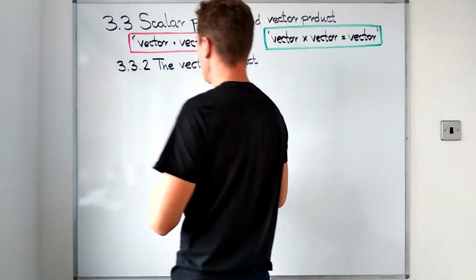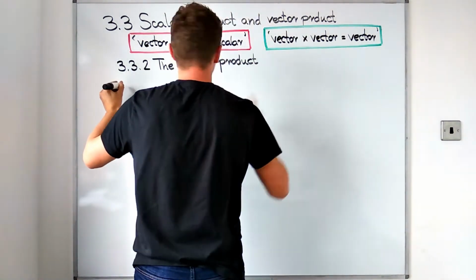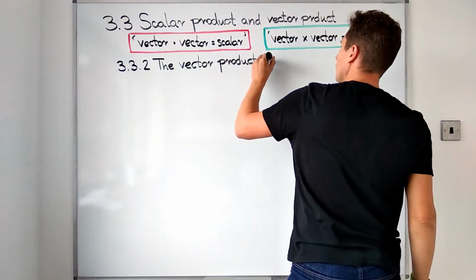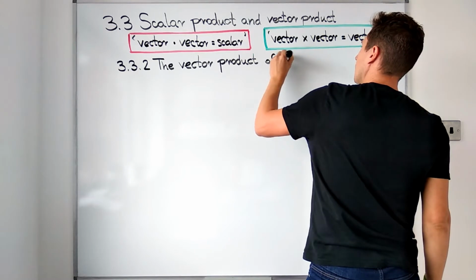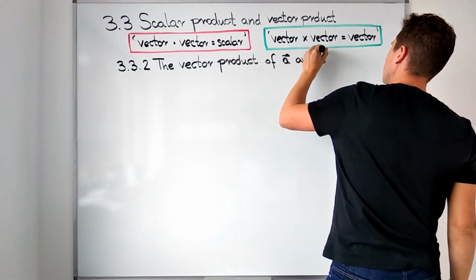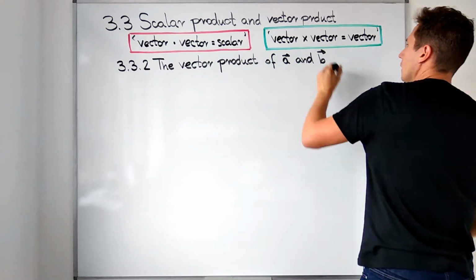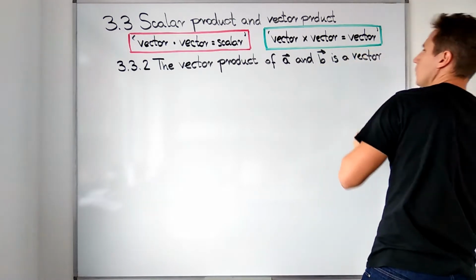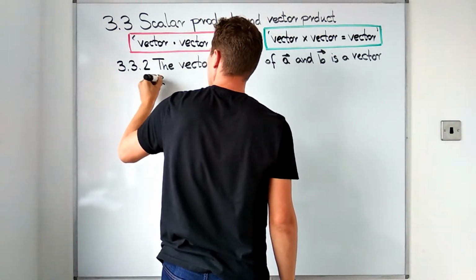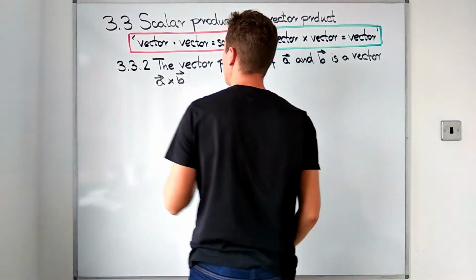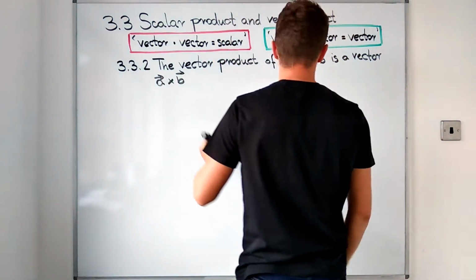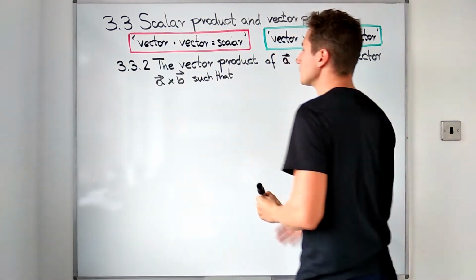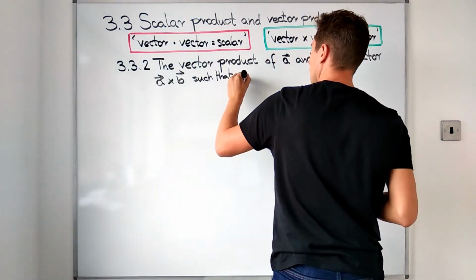Okay, so let me define the vector product of two vectors A and B. As I said, it has to be a vector, which we'll denote by A cross B. This is why it's sometimes called the cross product, such that the following things are satisfied.